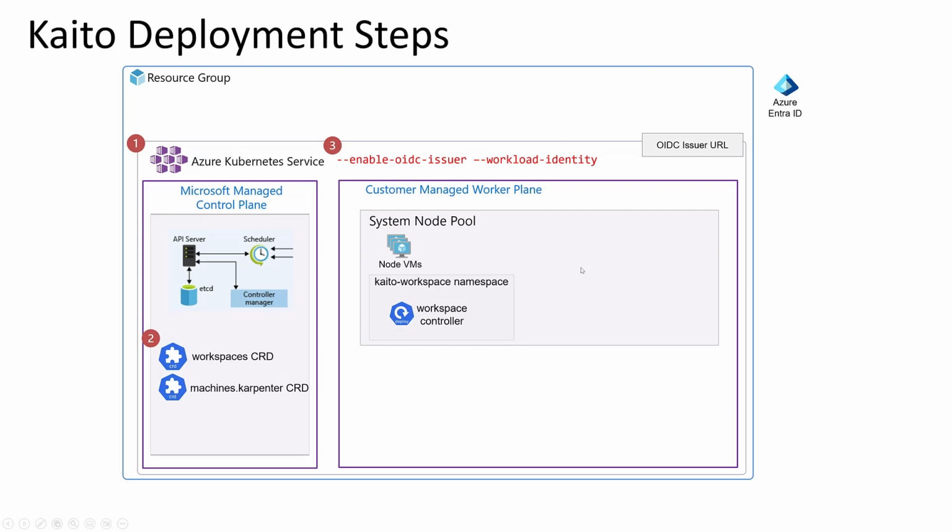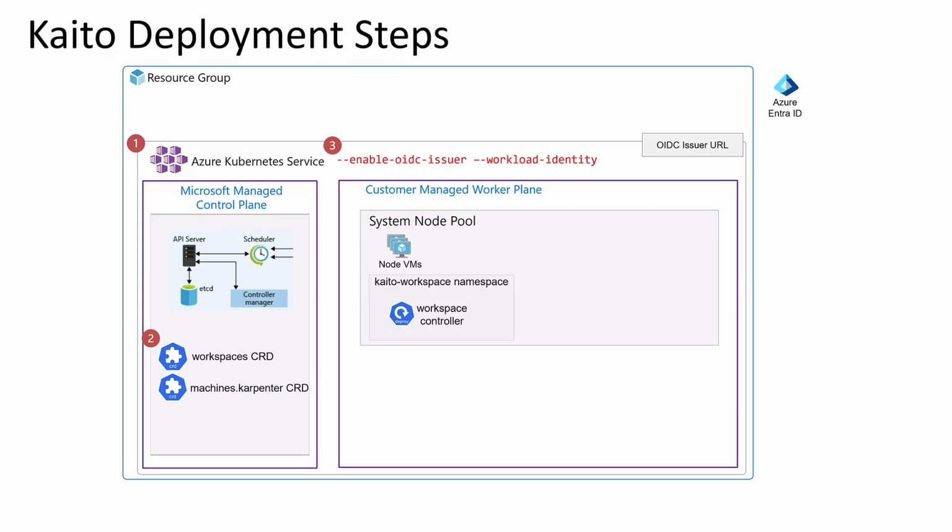So the next step we have here is to enable these feature flags on the Kubernetes resource itself: enable OIDC issuer and workload identity. Workload identity allows pods to authenticate against Azure resources without using secrets or credentials stored in the cluster.